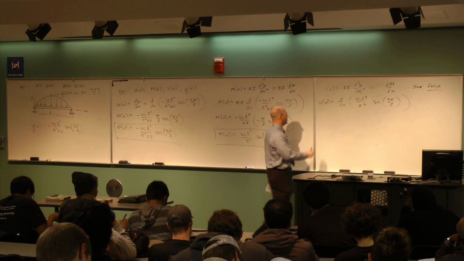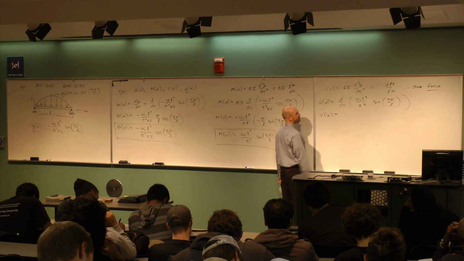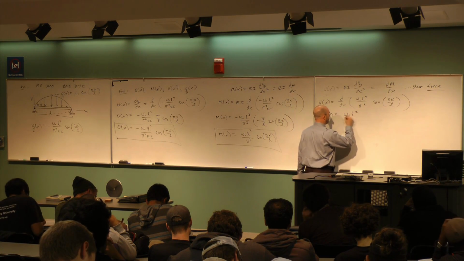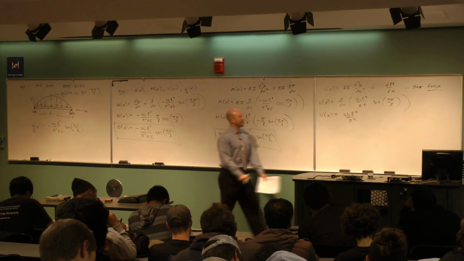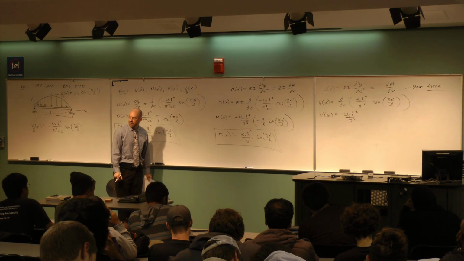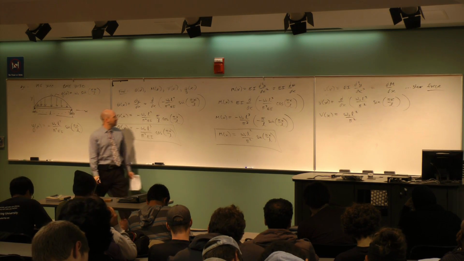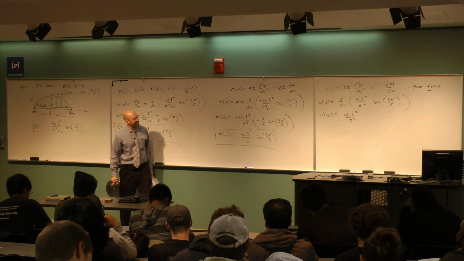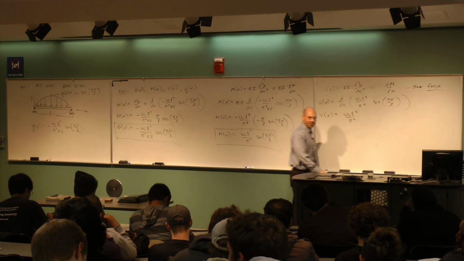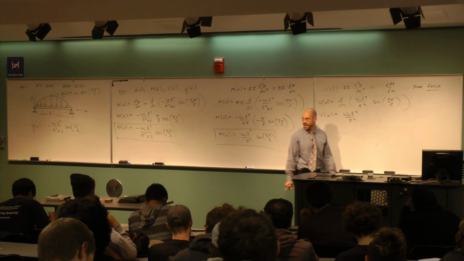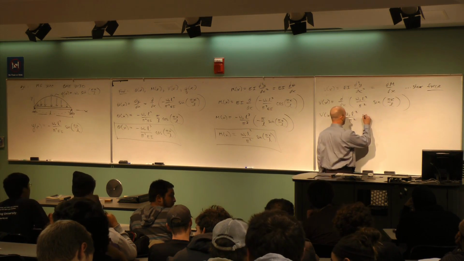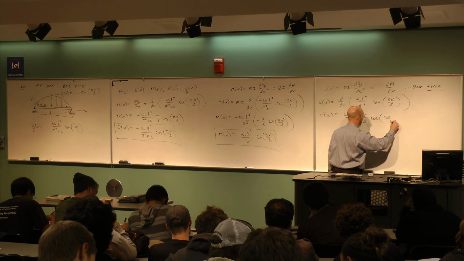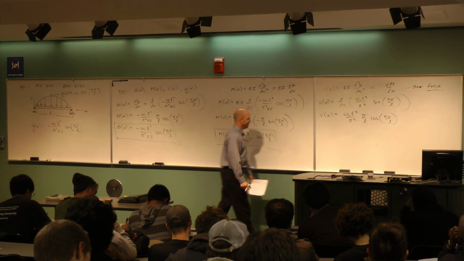What do I do with the numbers out in front, the letters? They stay out in front. W naught L squared divided by pi squared. And then I've got the derivative of the sine pi x over L. It's like Groundhog Day over here. Right? I already did that. So what's the derivative of the sine pi x over L? Pi over L out front. And I got cosine pi x divided by L. Okay, and what happens to the pi and the L?